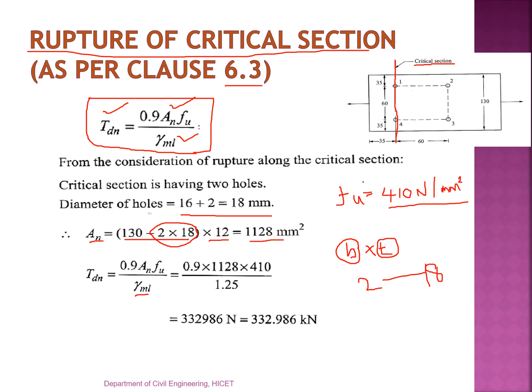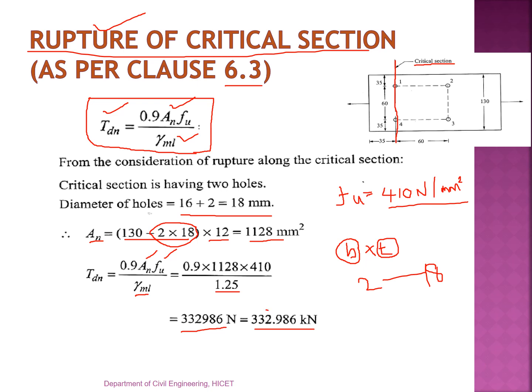Okay, we have two bolt holes in this critical section. Then Fu value is equal to 410 Newton per mm square. Then gamma m1 value as partial safety factor is 1.25. By substituting these three values, we get the design tensile strength of the plate due to rupture of critical section as 0.9 into 1128 into 410 divided by 1.25.